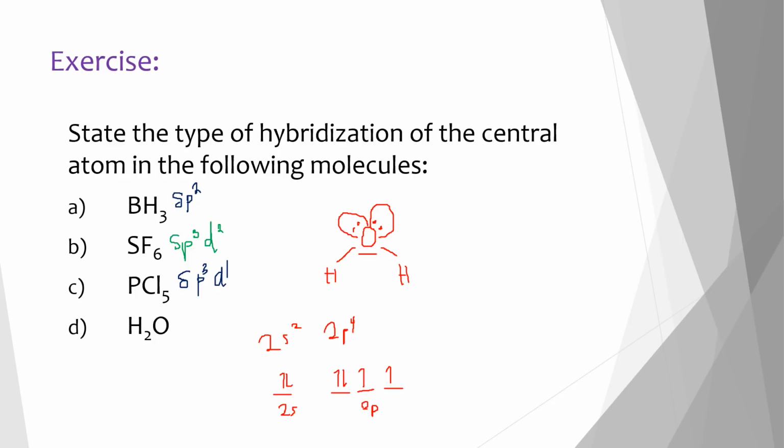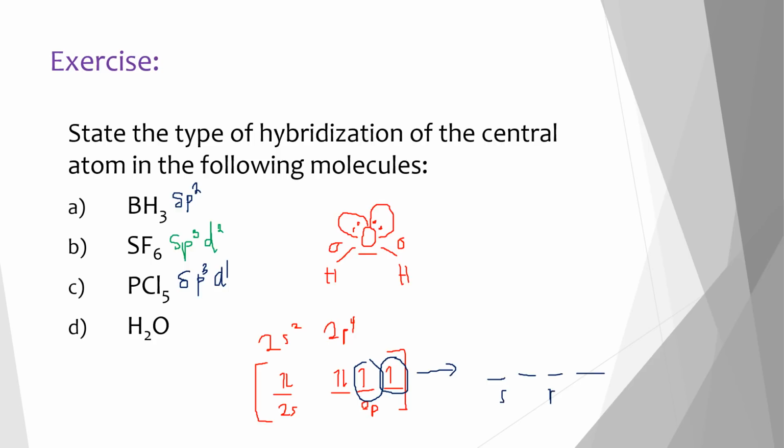Okay, based on the Lewis structure, oxygen needs to form sigma bonds with hydrogen, and it only needs to form two sigma bonds. Based on its unhybridized state, it already has sufficient electrons to form bonds with the hydrogen. It already has two single electrons, but you still need to hybridize the s and p orbitals because it is an overlap sigma bond.